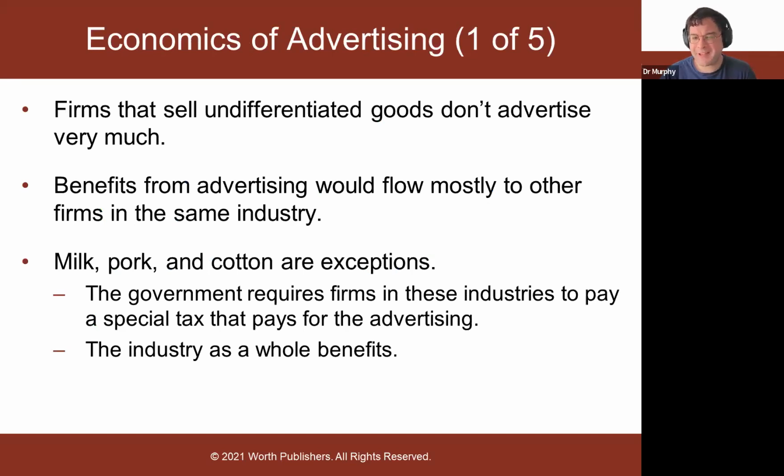Firms in a perfectly competitive market do not tend to advertise very much. Any benefits gained from that advertising would be dispersed throughout the industry. Since all goods are identical, you would not be able to raise your prices at all because other firms would just come in and grab your market share.